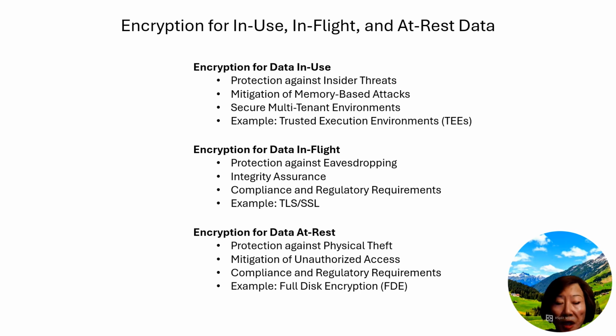Technologies like Intel SGX or ARM TrustZone create secure enclaves where data is decrypted and processed in the hardware, ensuring that even if the operating system is compromised, the data remains secure. So this is one example of a technology that helps you encrypt data in use: Trusted Execution Environments, TEEs.